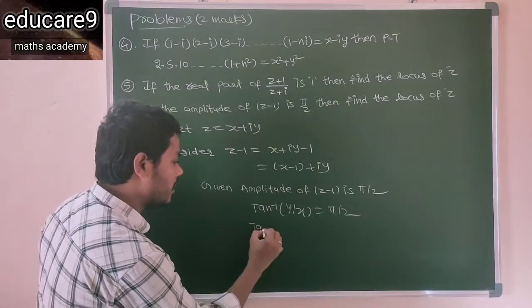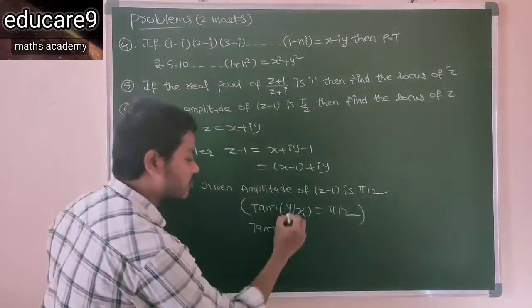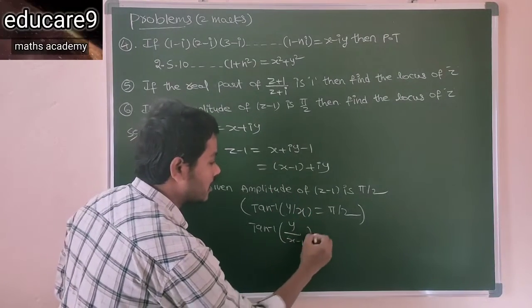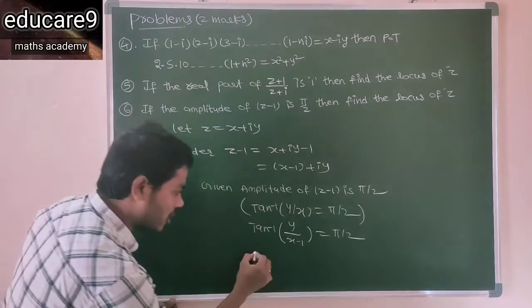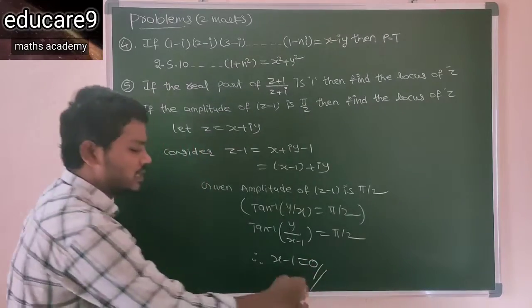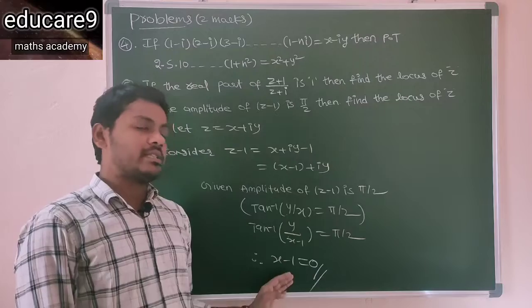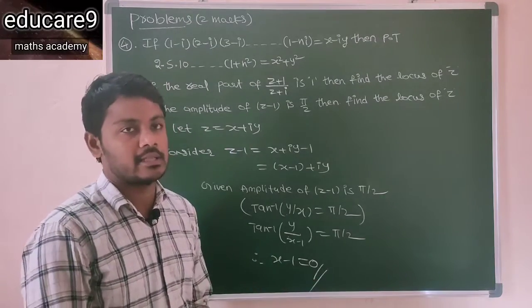But here, what is y by x? The y value is y only and the x value is x minus 1, and this is pi by 2. So therefore clearly x minus 1 is equal to 0. This is the required locus of z and it represents a line which is parallel to the y-axis.